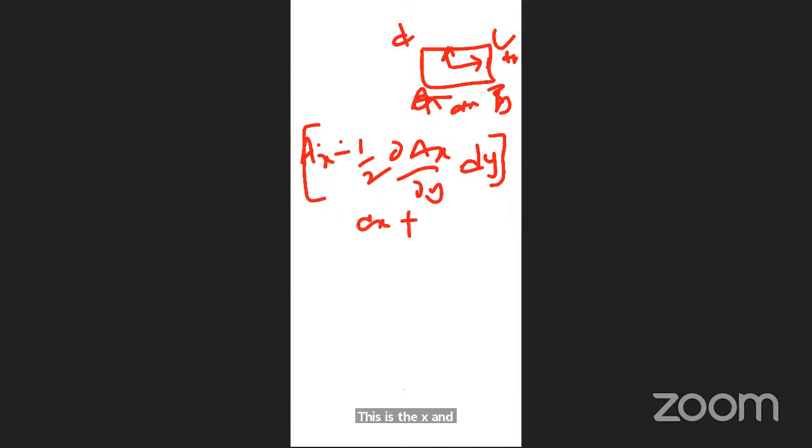And similarly on side BC, the value of Q, plus the value of R, plus the value of S, all these are added. Then for the rectangle abcd, the value of AB, the value of BC, the value of CD and the value of DA.